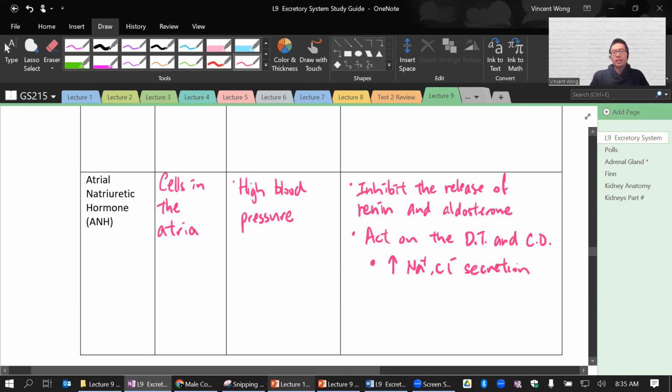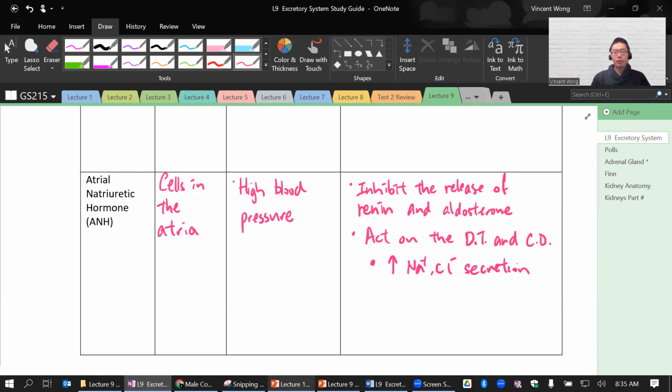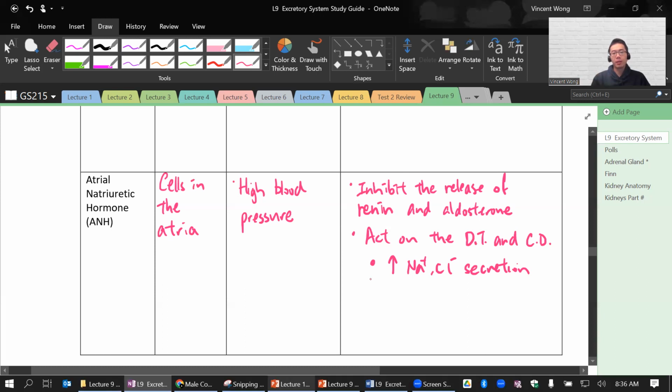Instead of conserving it, instead of absorbing it back from the filtrate, you are adding more sodium chloride to your filtrate. You're getting rid of it from your blood. And like I said, water will always follow the salt, so increased water secretion, which will decrease blood volume because you're peeing all of it out. And decreased blood volume will lead to decrease in blood pressure.